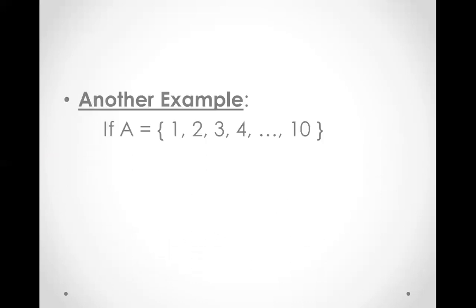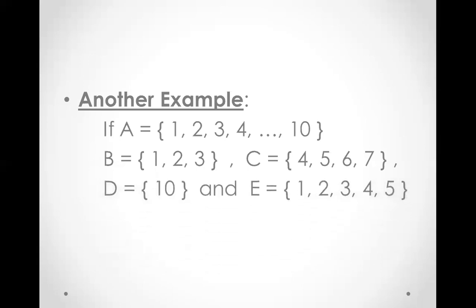Now another example: A is equal to 1, 2, 3, 4 up to 10, B is equal to 1, 2, 3, and C is equal to 4, 5, 6, and 7. Now D is equal to 10 and E is equal to 1, 2, 3, 4, 5.